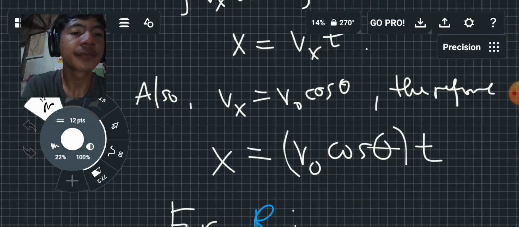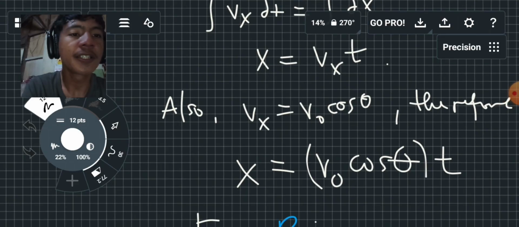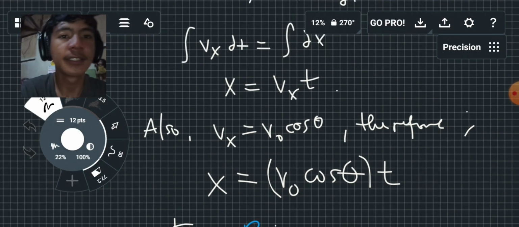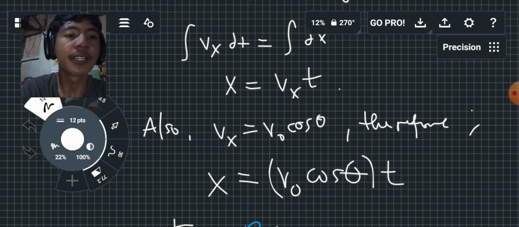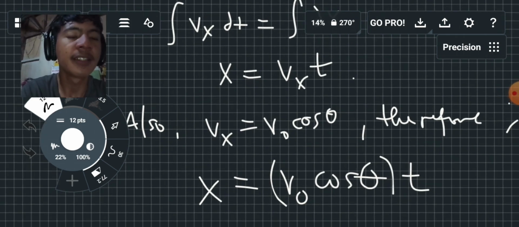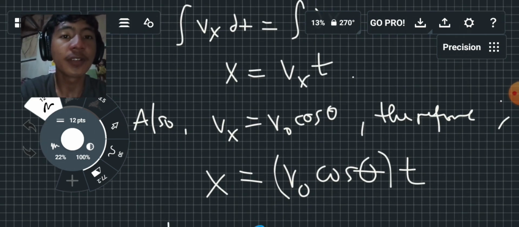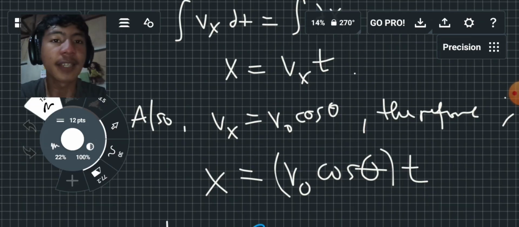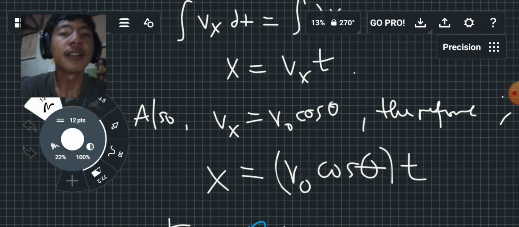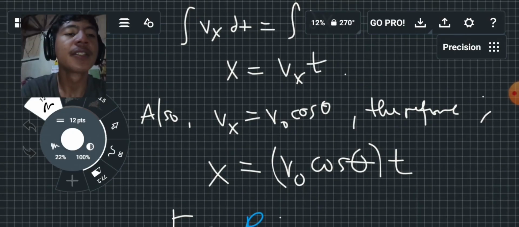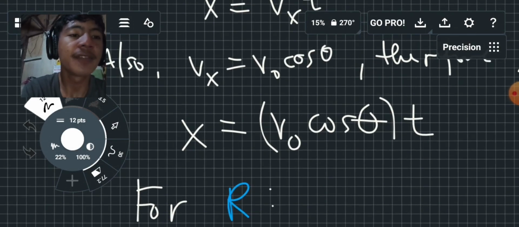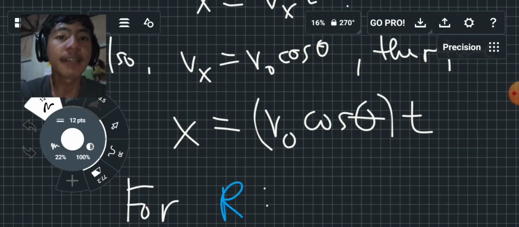Also, since Vx from the start of the motion is v naught cosine theta, all throughout the motion v naught cosine theta is indeed the velocity. So therefore, x is given by v naught cosine theta times time.